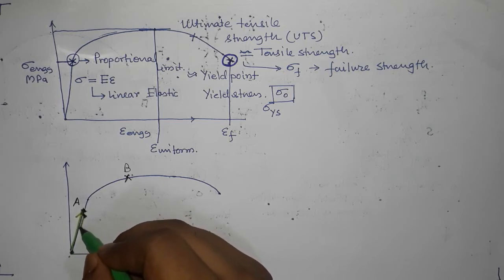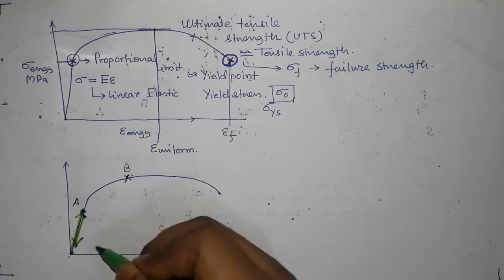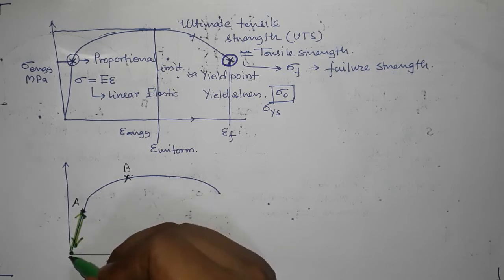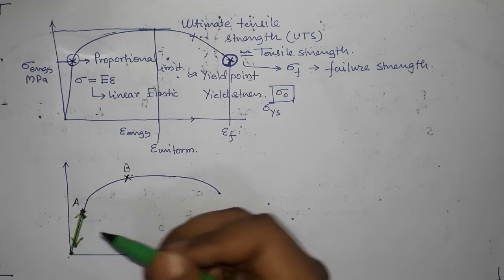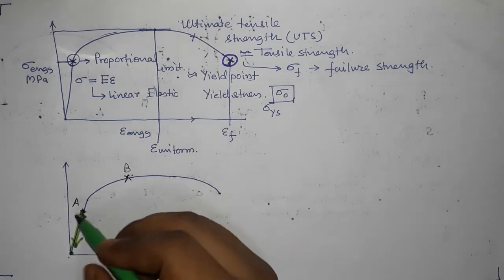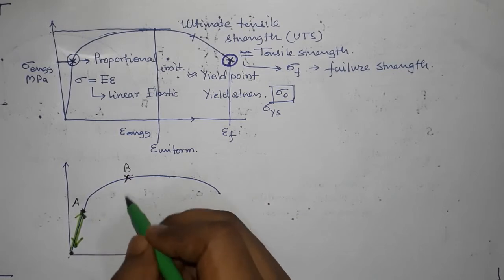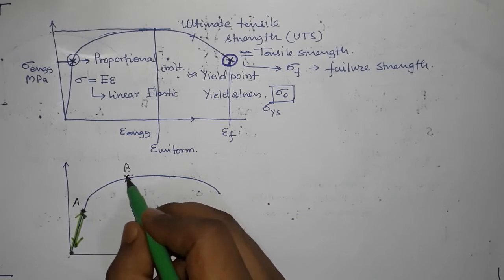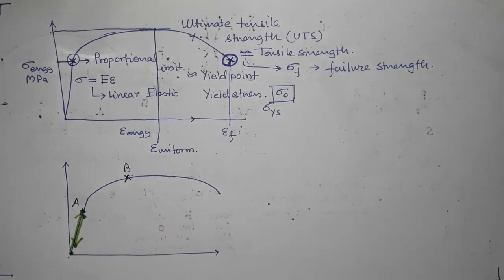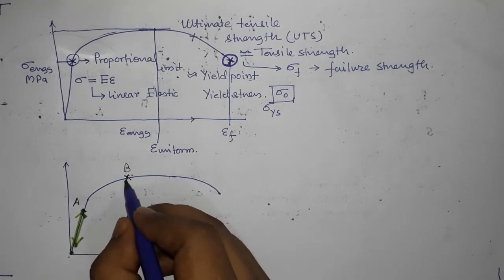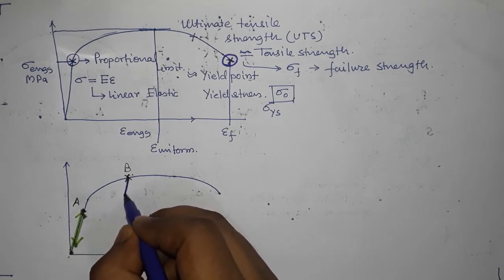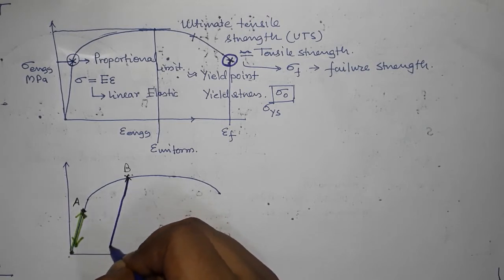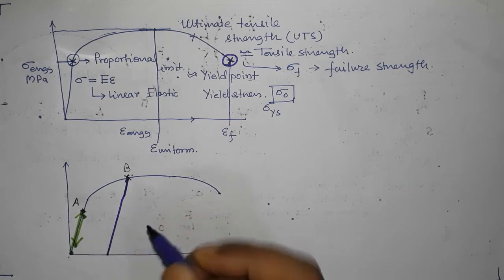So it will go back following the same path, resulting in no net deformation, okay? So this is completely elastic, right? But what happens when you unload it from here? So when you unload it from point B, then it will not go back like that, okay? Instead, with decreasing stress, it will come back here, right?